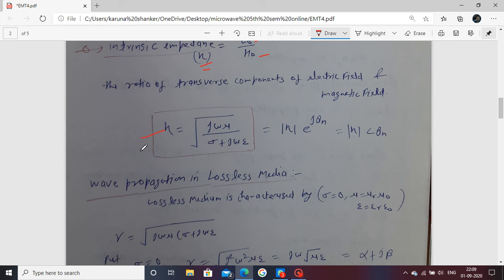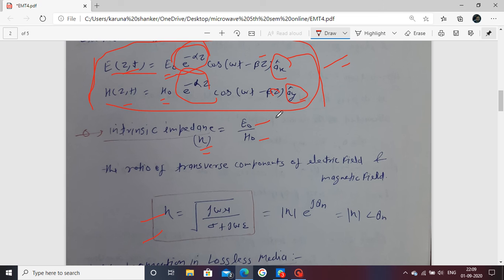Note this down; we cannot derive this relation here. Just keep it in mind, because when we go to the lossless media, this relation is used. So intrinsic impedance is defined as the ratio of the electric and magnetic field components.